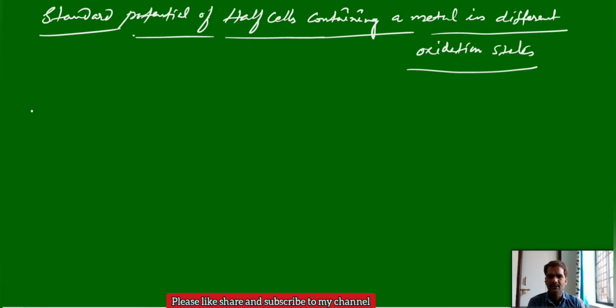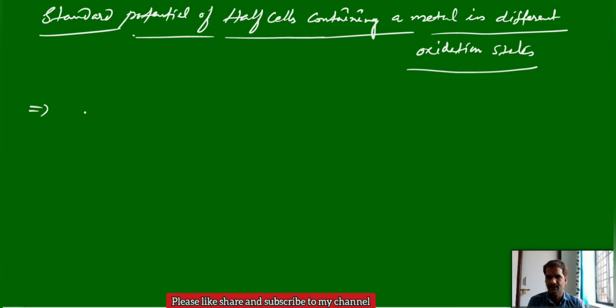First you should remember these points. If you generate a new cell by adding 2 half cells, then the resultant cell may not follow the additive rule. We know that E cell is an intensive property, not an additive property, so it is non-additive in nature. In that case, how to calculate?